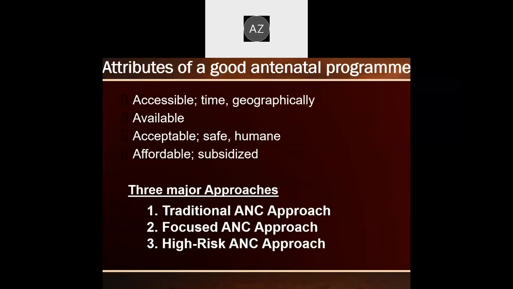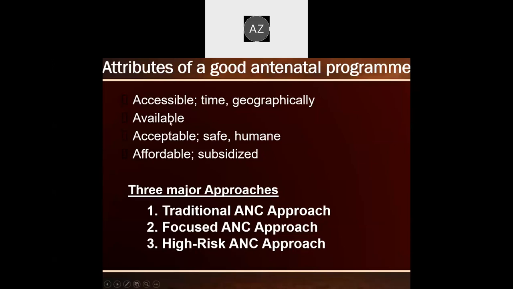Now, the attributes of ANC: it must be accessible financially, geographically, and in time. It's near, it's available, it should be there. Then it must be acceptable, in culture and safety, it should be humane, and then it should be affordable.